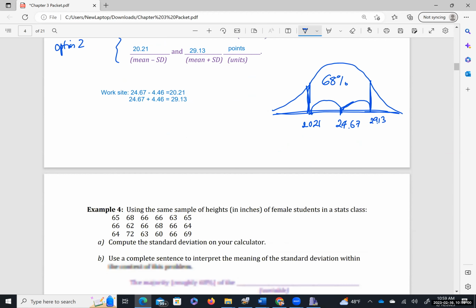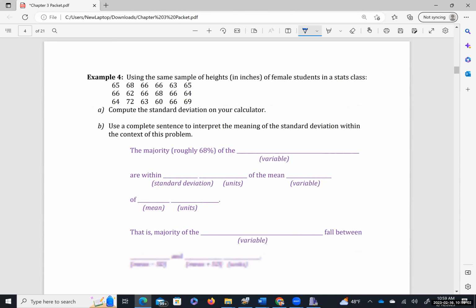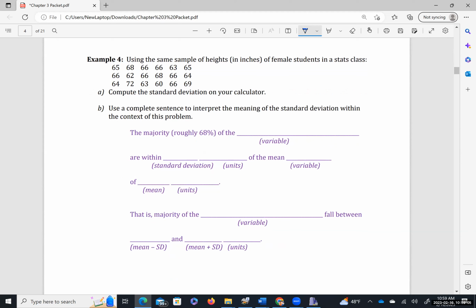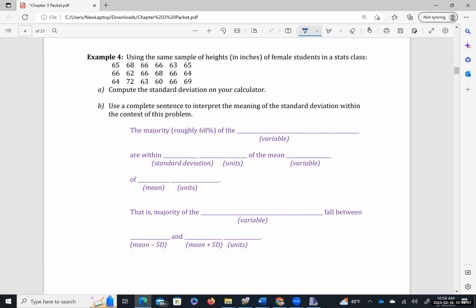Okay, let's move on to the next example. We come back to the example about the height of female students, right? I would love to let you handle this example in a few minutes and then check with my answer key after that.